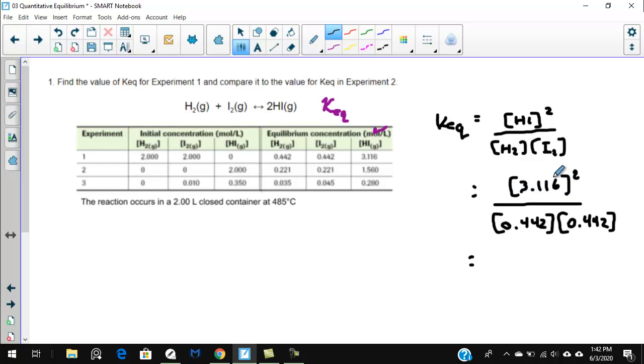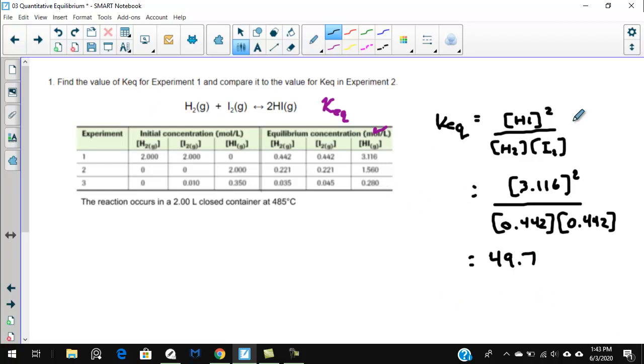And then we just have to calculate out a number here. So let's get the calculators out and calculate that out. And the number comes out to be 49.7. And so that's our KEQ value for this particular expression.